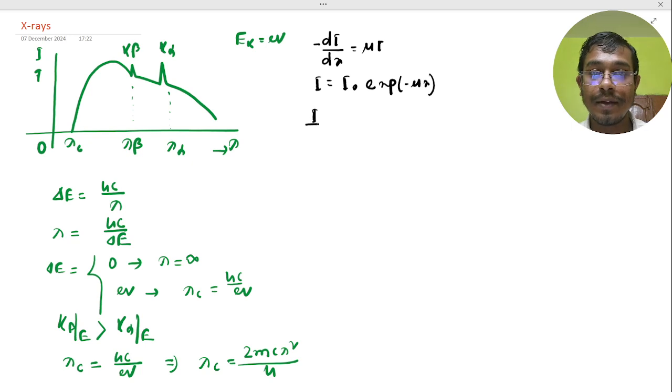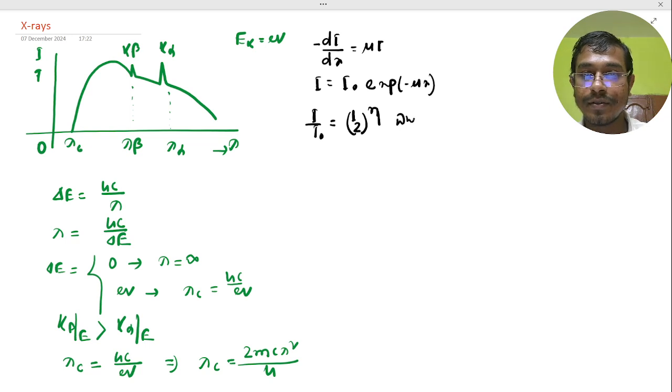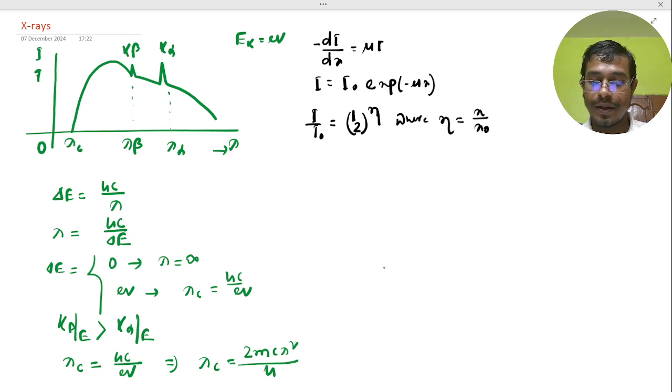So I by I naught is equal to half to the power n, where n is x by x naught. And another one is the Compton effect.